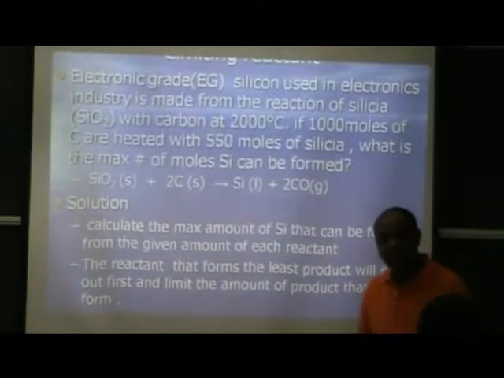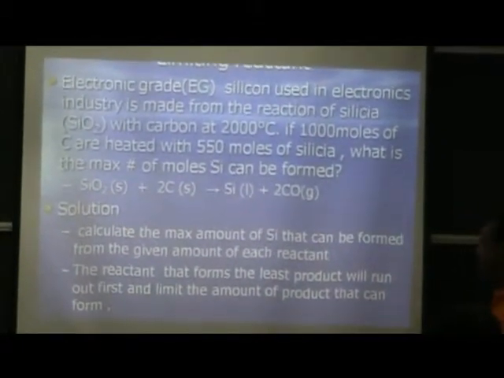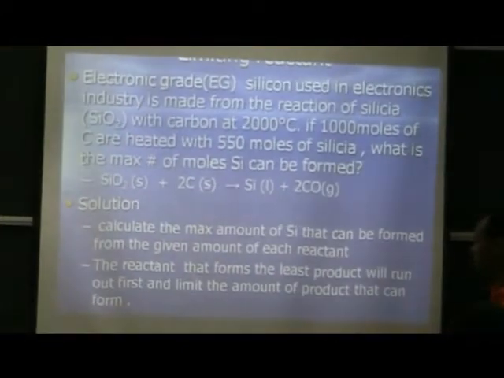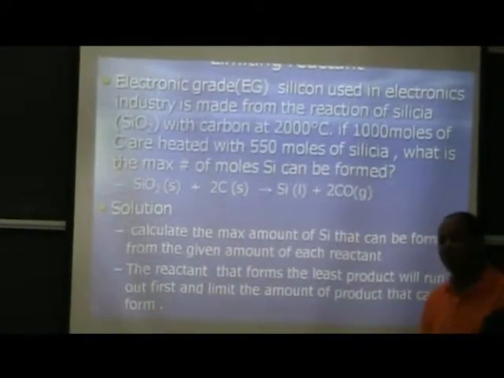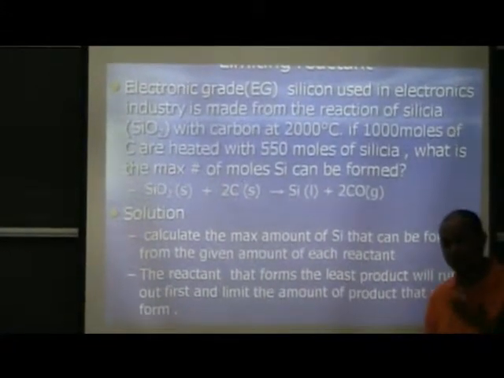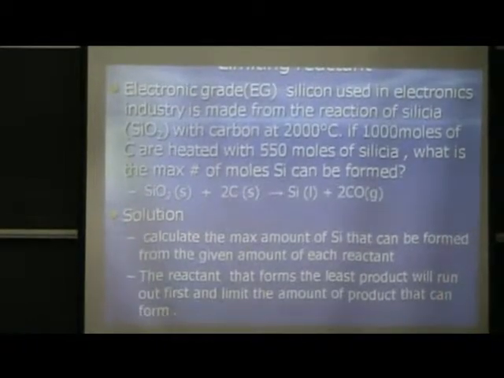That reactant is consumed first, and it limits the amount of product that can form. So what is our maximum amount of product formed? 550 or 500?